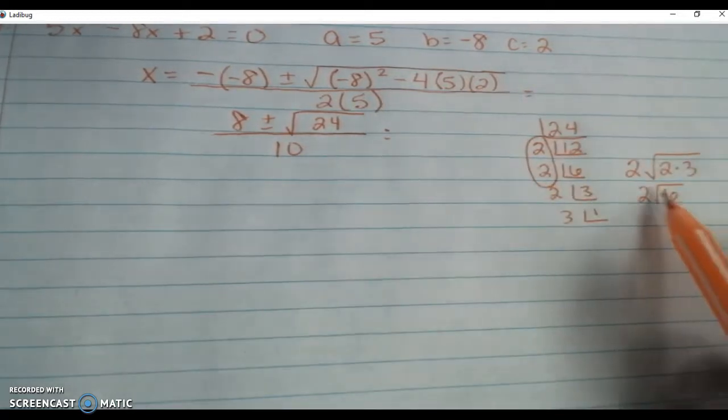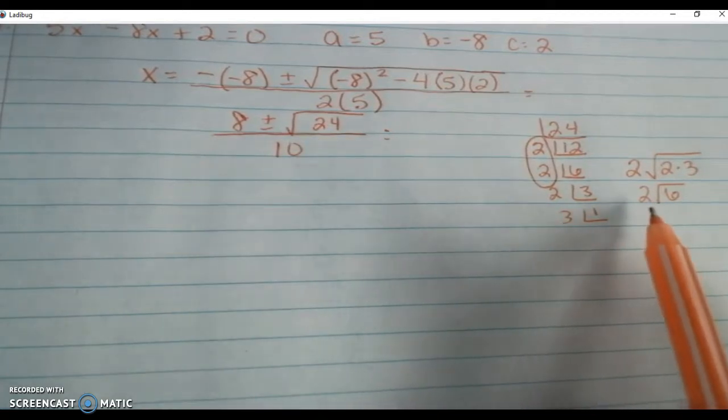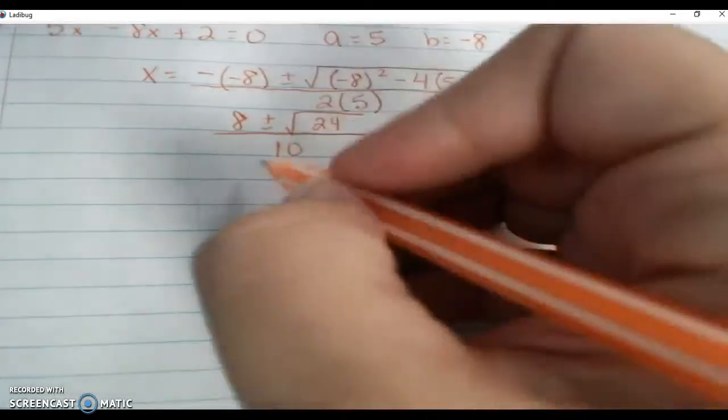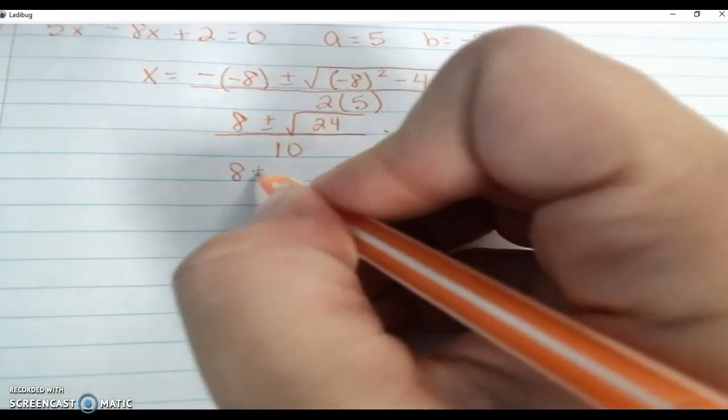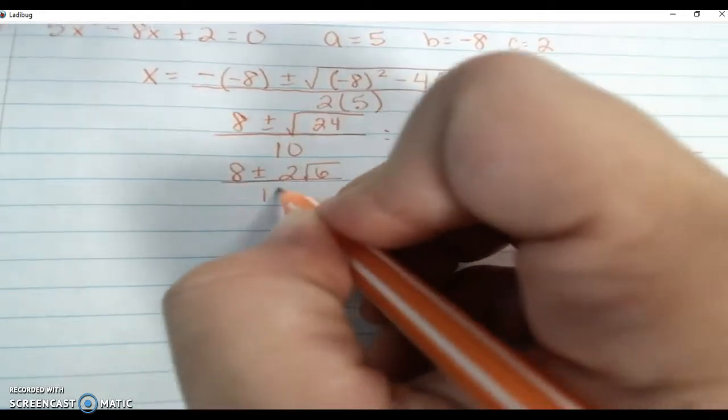Okay, so we did all of that to simplify that square root of 24. So now I'm going to take that 2 square root of 6 and put it where that square root of 24 is. So then that becomes 8 plus or minus 2 square root of 6 over 10.